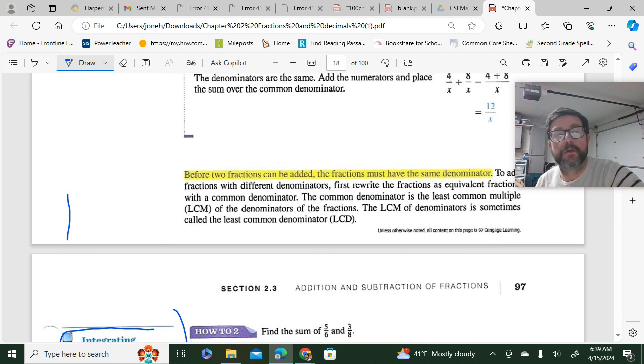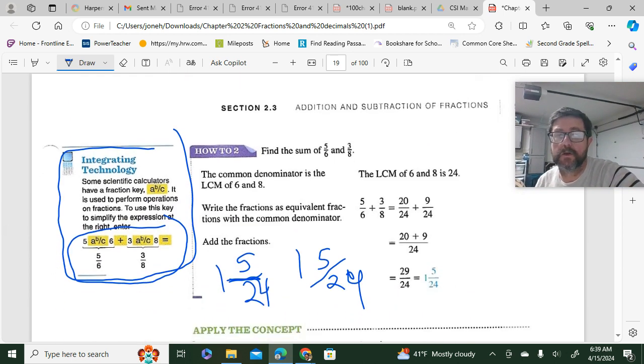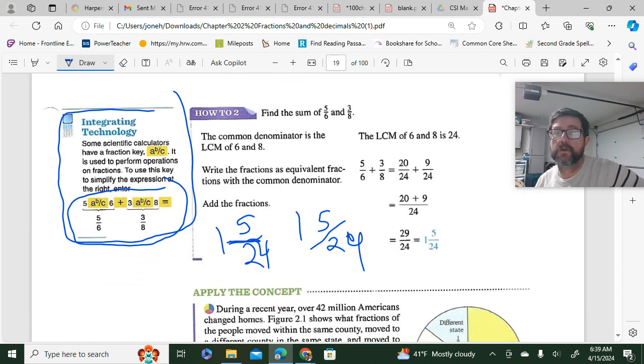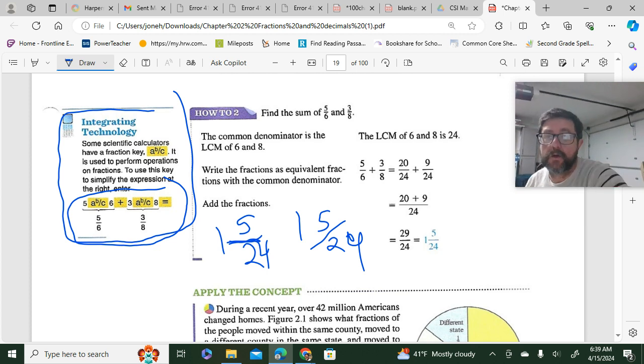So before I go down here, okay, 5/6 plus 3/8. You have to find the least common multiple of 6 and 8. We do 1 times 6 equals 6. 2 times 6 equals 12. 3 times 6 equals 18. 4 times 6 equals 24.